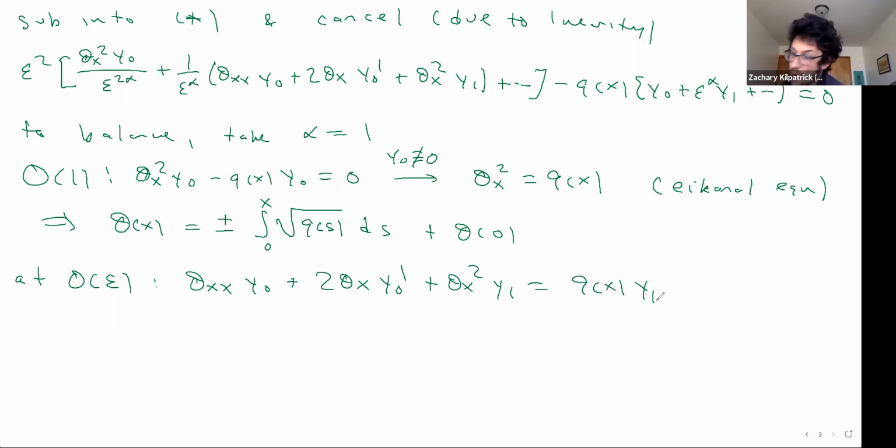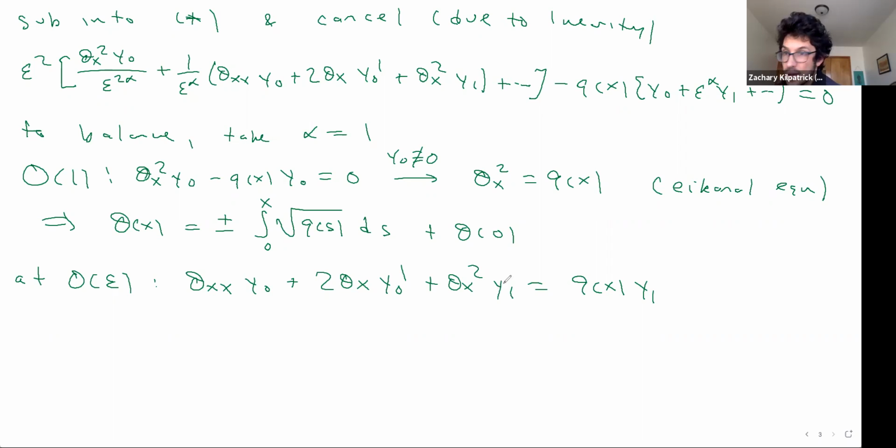So what do I know already in this equation? The only thing I know is theta x, so I could plug that in, but there's an issue here. I don't know y0 and I don't know y1, okay?